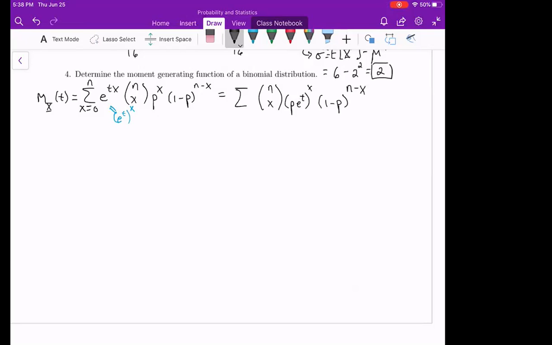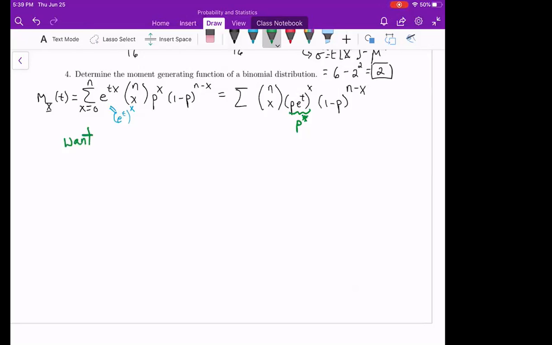Now, if we viewed p e to the t as, let's say, a p star, so this is just a thought. If we viewed that as a p star, it would be great if we could get this.